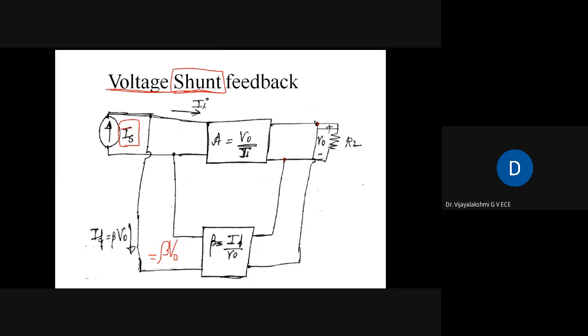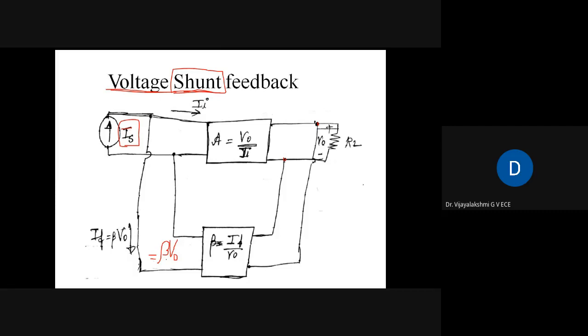And coming to the feedback signal. Now the feedback signal has to be connected to the input source. Yes, because you are going for shunt connection, input source is a current. So the feedback signal also has to be a current source. Only then these two current signals can be added in shunt.